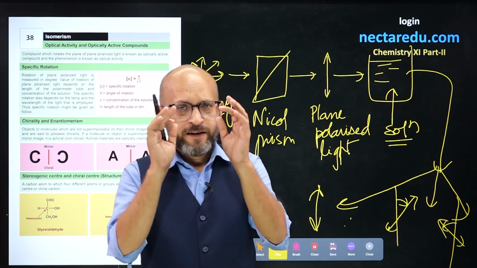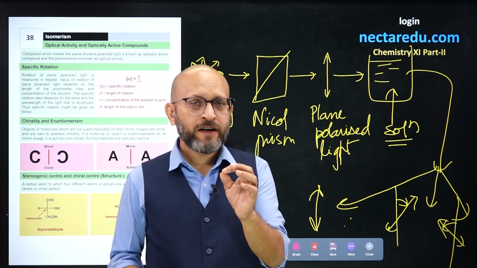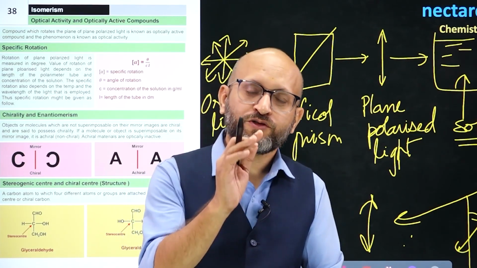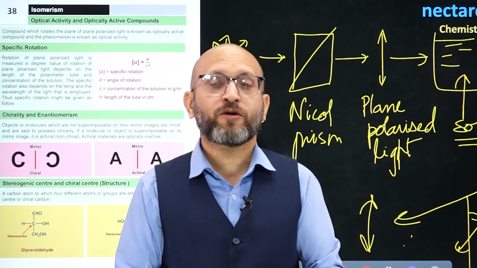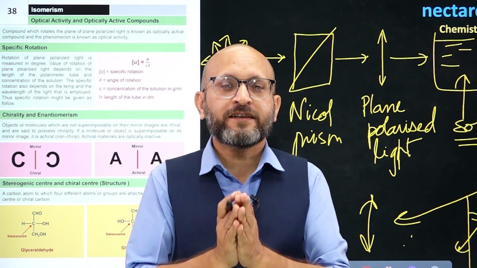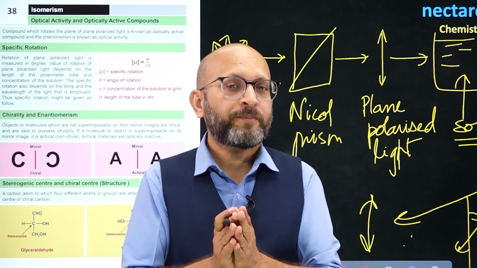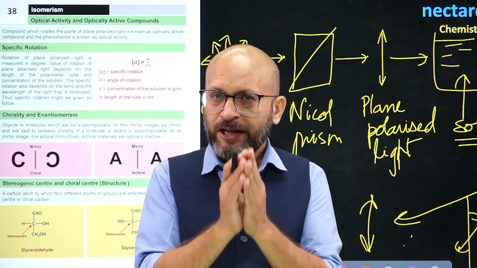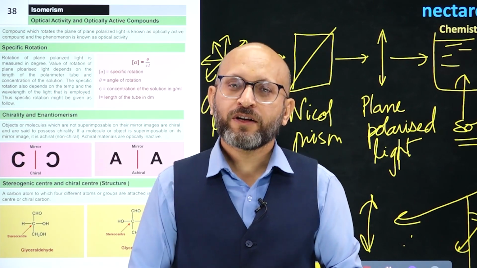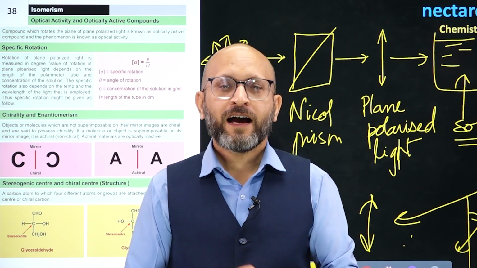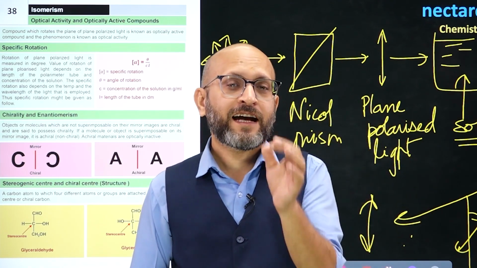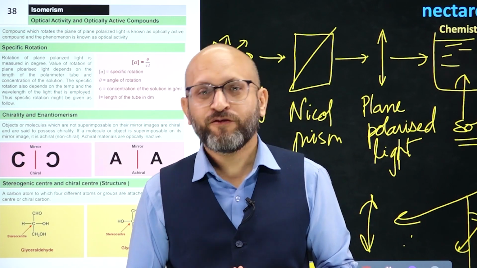So you can summarize: if a solution of an organic compound rotates plane polarized light, the compound is optically active. If the light is not rotated, the compound is optically inactive.